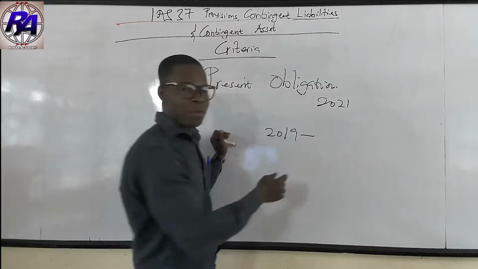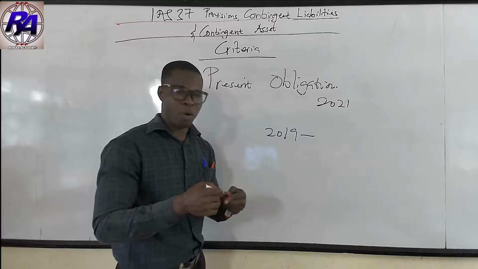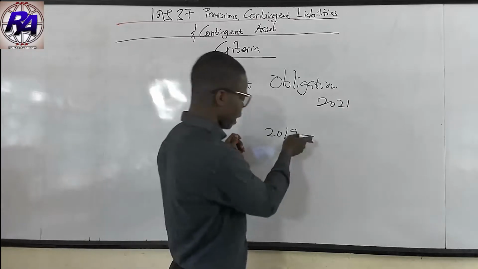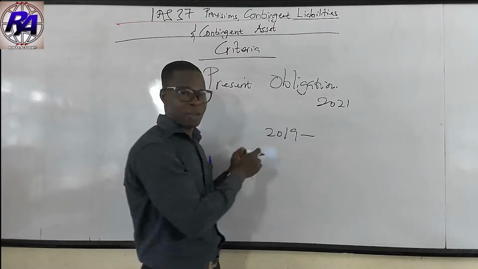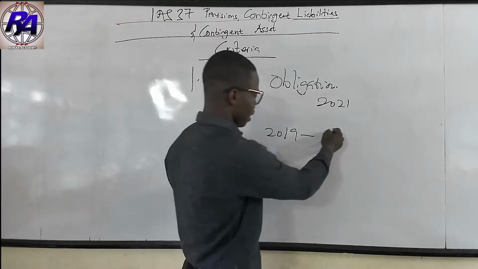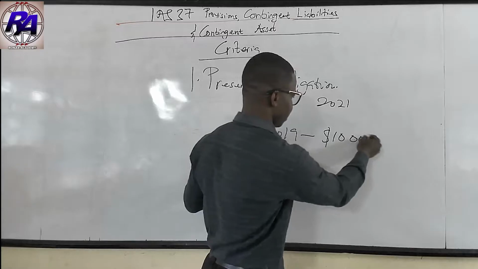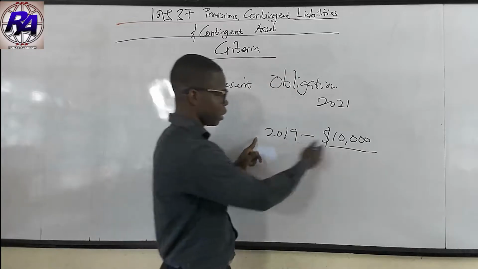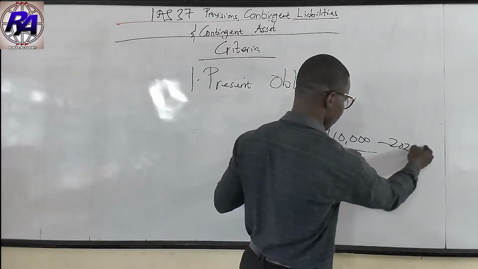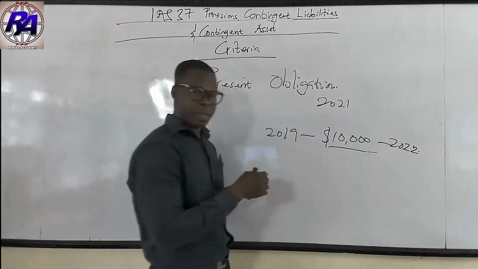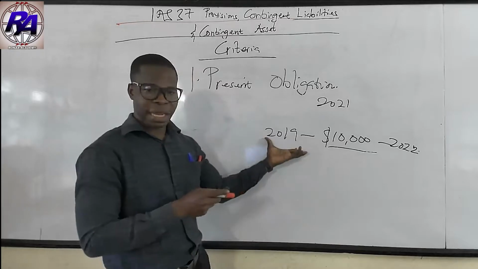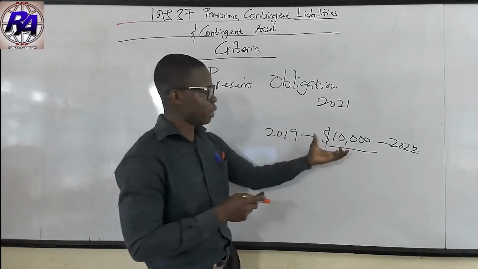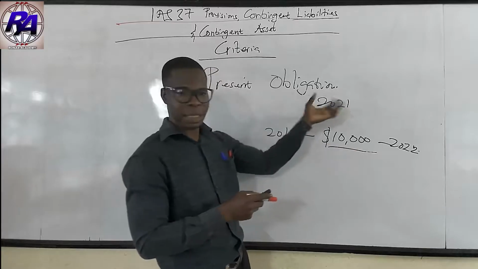Let's say we bought raw materials that we use for production on credit, and we undertook that transaction in 2019, let's say $10,000. And we agree that we are going to pay this amount in 2022. This we have already incurred in 2019. In the books of 2021, we are going to present this value as a liability.